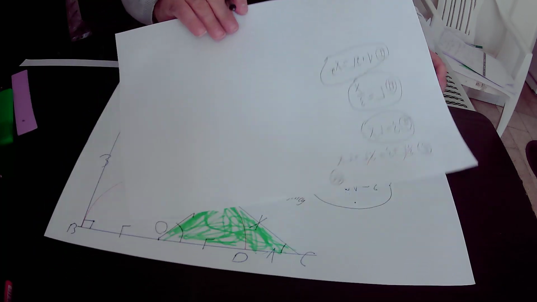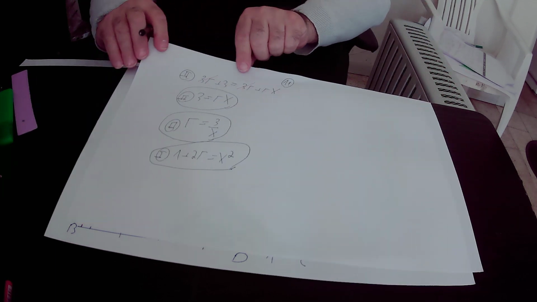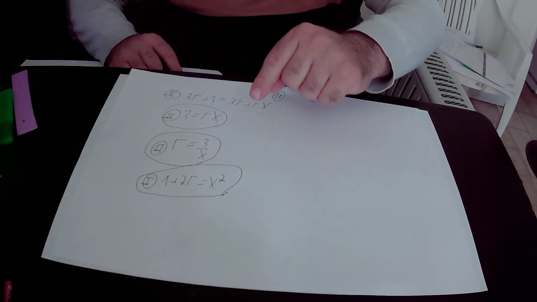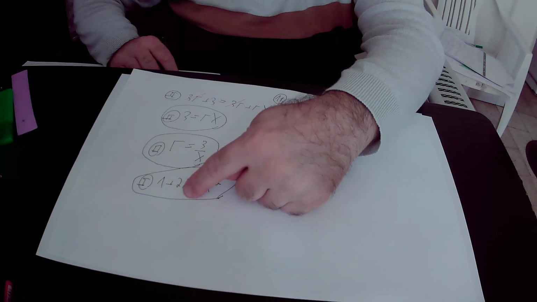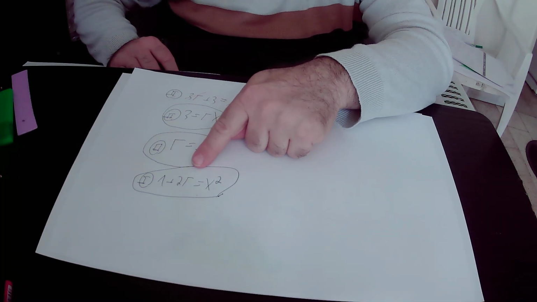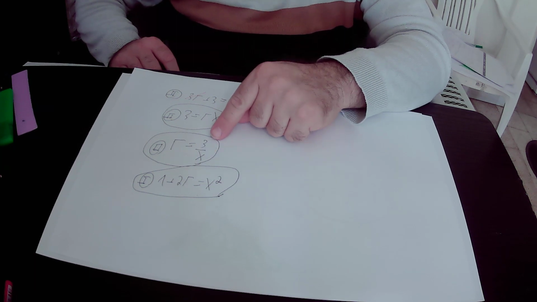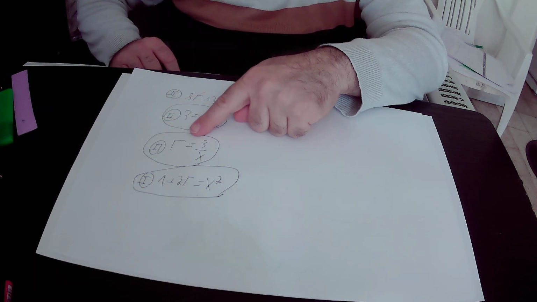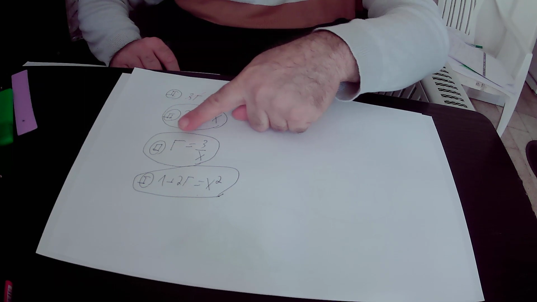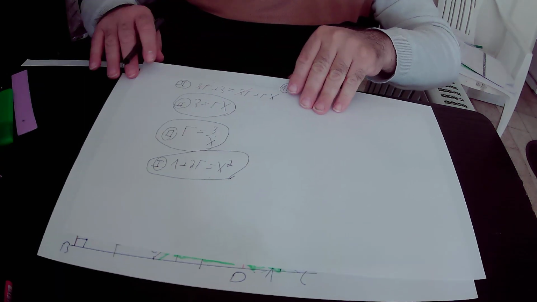Here we will substitute r in equation number 1 by 3 over x, because r equals 3 over x according to equation number 2. Okay, so we'll do it now.